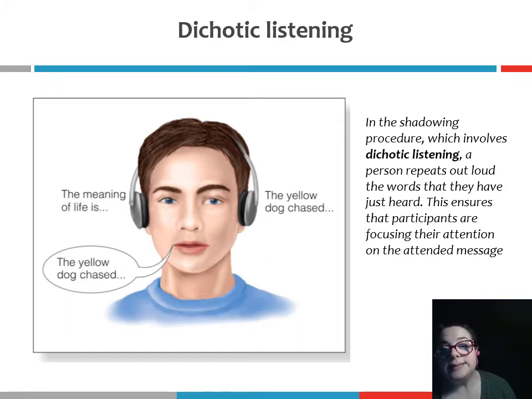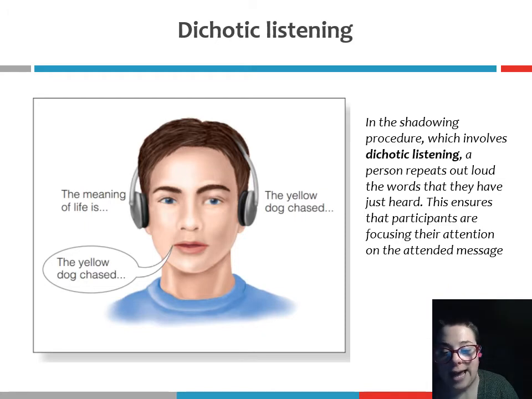You can see the obvious parallels here. They have competing messages coming in, one from the left ear, one from the right ear, and they have to ignore the one coming in through the left ear and focus instead on the one coming in the right ear. This task is referred to as shadowing, where they have to repeat back verbatim whatever they hear in the attended ear.